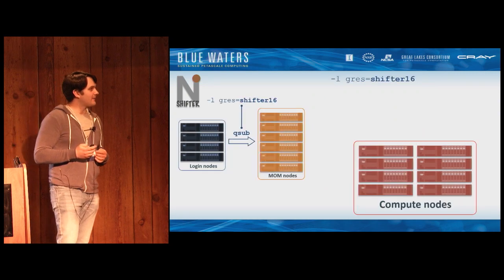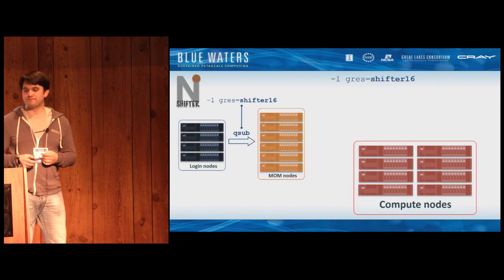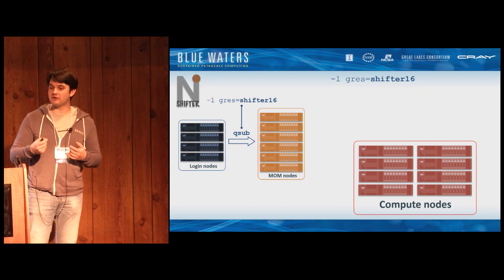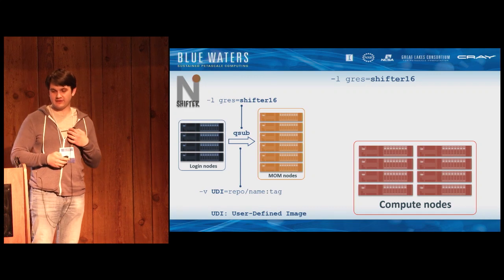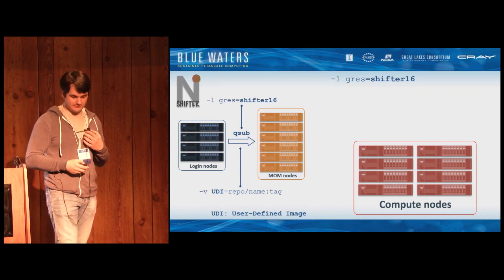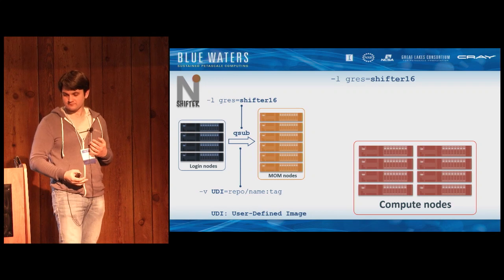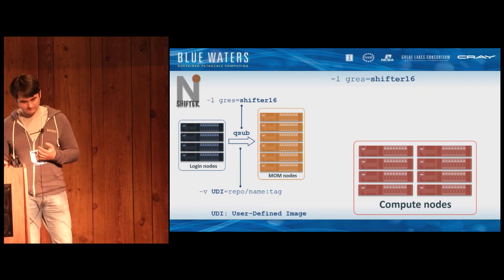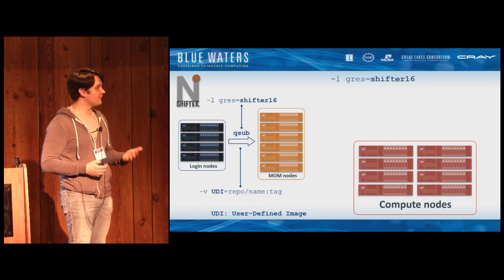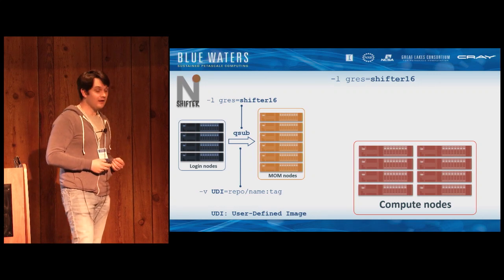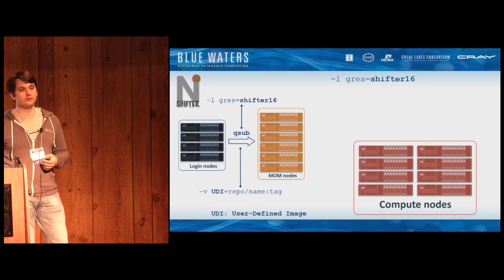OK, so once we submit a job, how do we get to the compute nodes? So first thing that we can do is, in the same call, we can say -v. This means that we are setting an environment variable, UDI, equals, and the name of our Docker image.